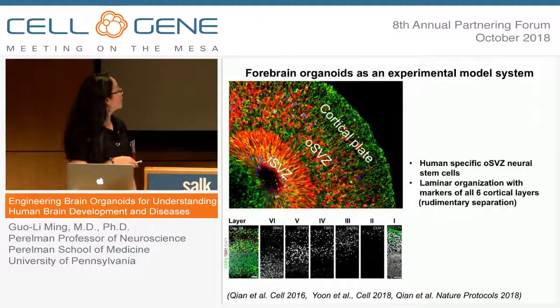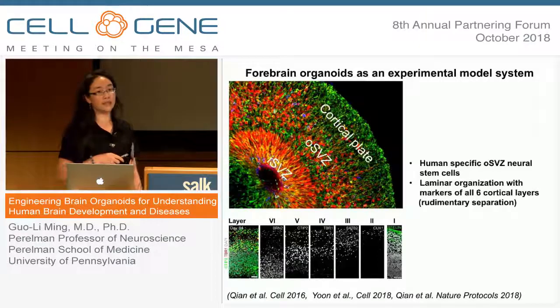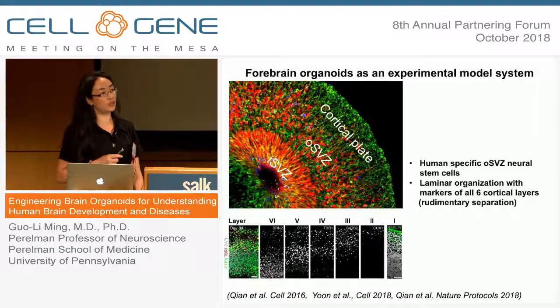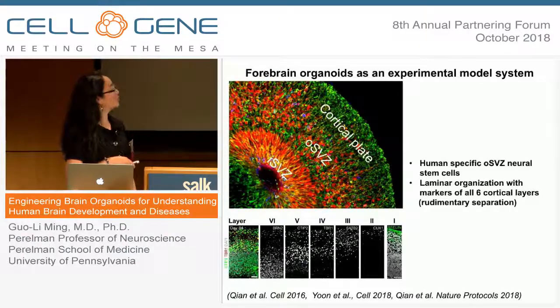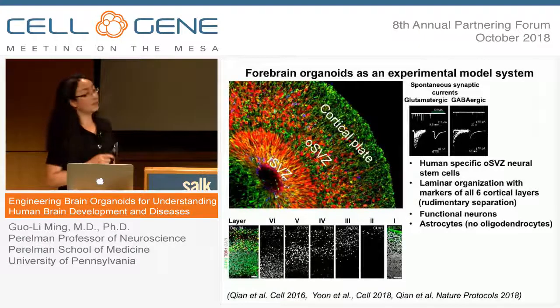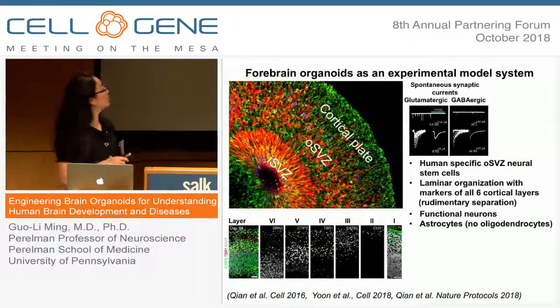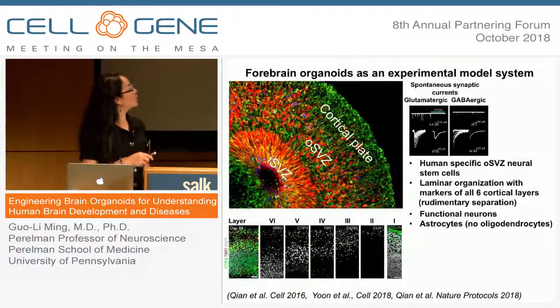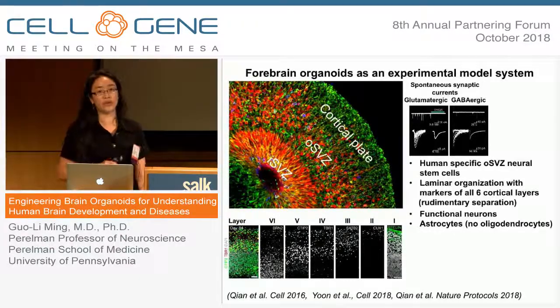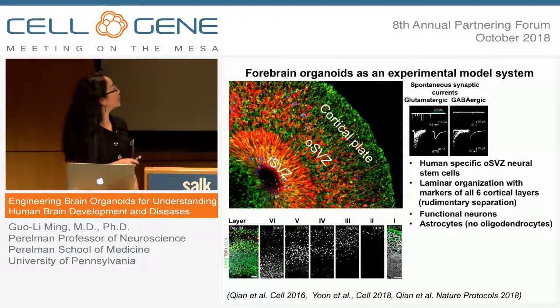They more or less follow this inside-out migration pattern where the superficial layer neurons migrate all the way toward the outer surface. And by looking at the functionality of those neurons in these organoids, we can show that these neurons are functional. They receive both excitatory and inhibitory synaptic inputs.